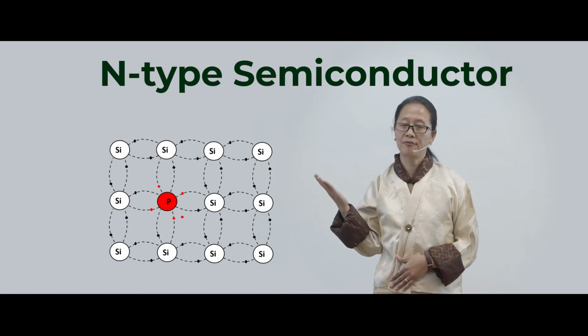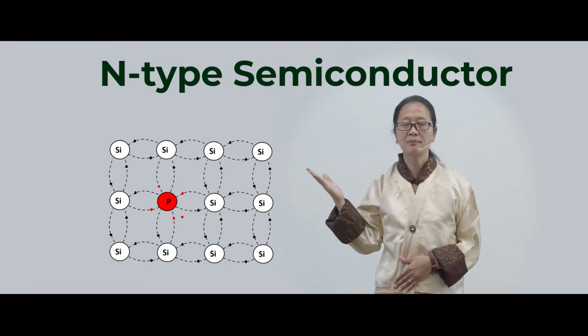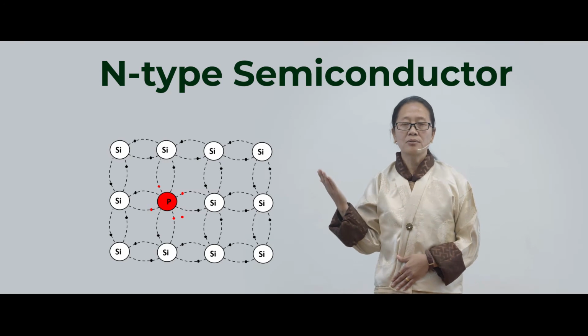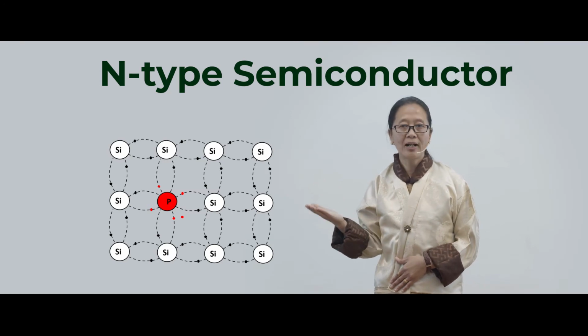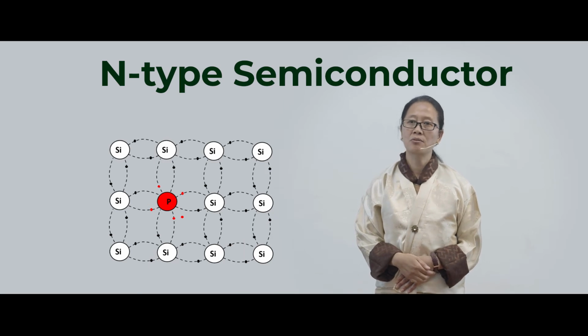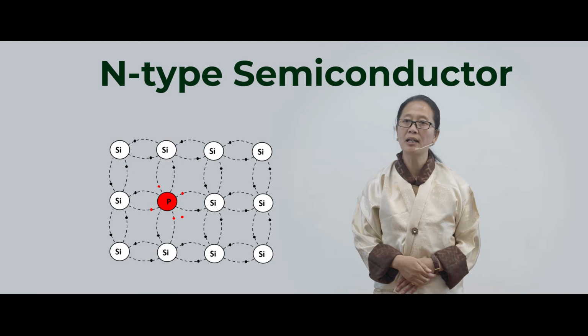Yes, you might have found the impurity atom in this diagram of n-type semiconductor. Here also silicon has 4 valence electrons. So it utilizes all the 4 valence electrons in forming 4 covalent bonds with the 4 neighboring atoms.